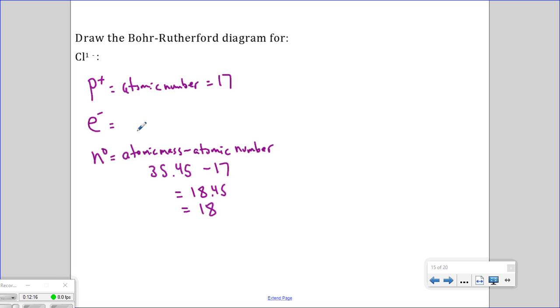Now, for the number of electrons, this is where we have to figure things out a little bit differently. So the number of electrons in an ion, and we know we're dealing with an ion because we have a charge here next to the element symbol, is equal to the number of protons minus the charge of the atom.